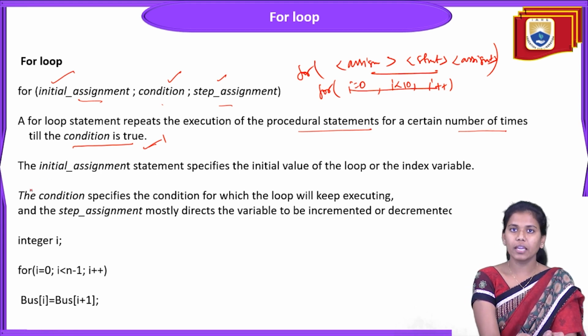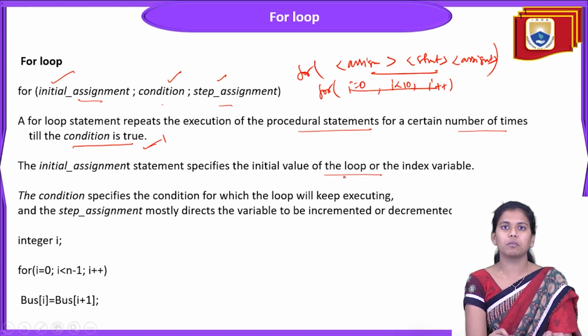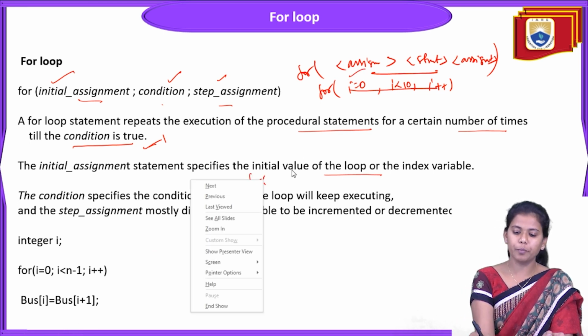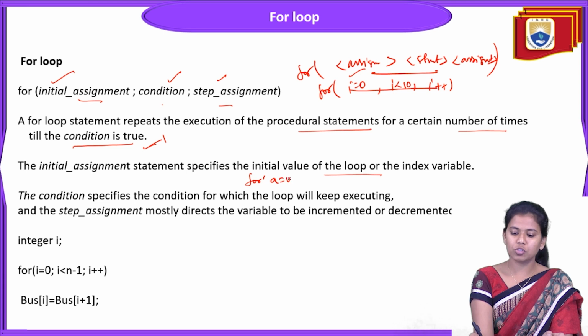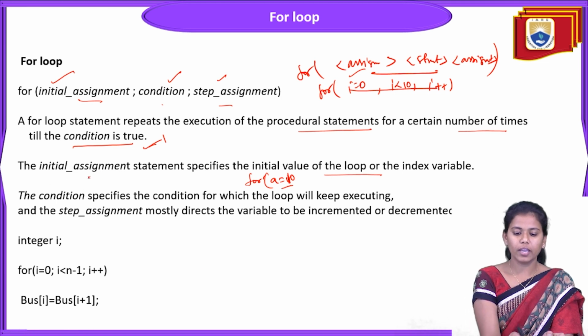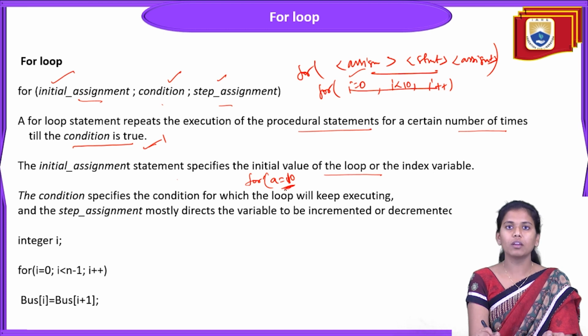So here, the initial statement specifies the initial value of the loop or the index variable. Okay, as I said in the example, my index variable, that is for a is equal to 10. This is my initial statement. So this is my index variable and this is the initial value of the loop.